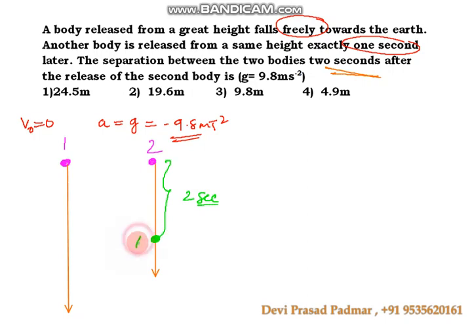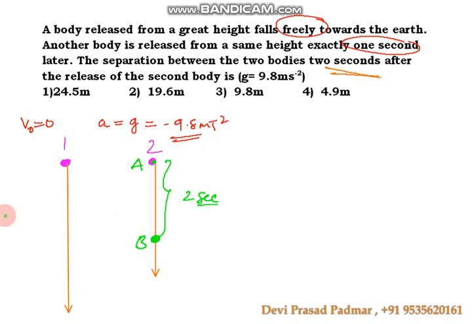Let this position be B and let this initial point be A. So after 2 seconds this second body reaches point B. Then during that time, what about first body? This first body is released 1 second before second body, so before releasing second body, the first body started its motion in downward direction. That means this first body has to travel some more distance compared to the distance traveled by second body.